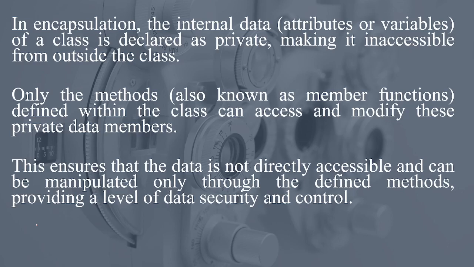Within the class, whatever is there, you can access it. Otherwise, outside the class, if it is a private data member, you cannot access it. This ensures that the data is not directly accessible and can be manipulated only through the defined methods, providing a level of data security and control. So you're just protecting using a private access modifier.